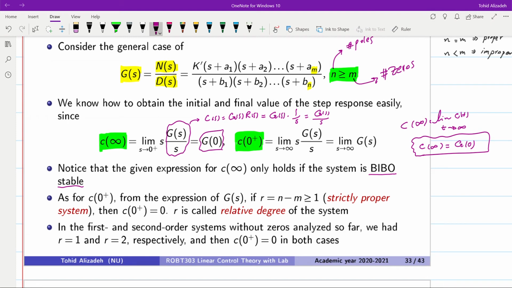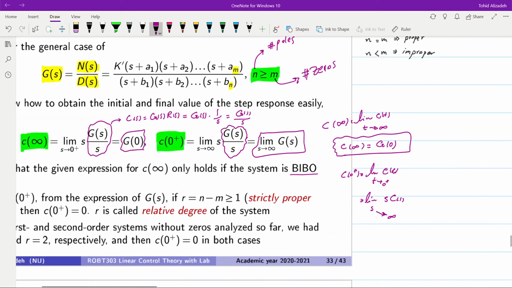On the other hand, for c at 0 plus, we apply this rule. c at 0 plus is equal to the limit of c of t as t goes towards 0 plus, and it's equal to the limit of s times C of s as s goes towards infinity. And again, C of s is equal to G over s, because we are considering the step response of the system. As a result, c at 0 plus will be equal to the limit of G of s as s goes towards infinity.